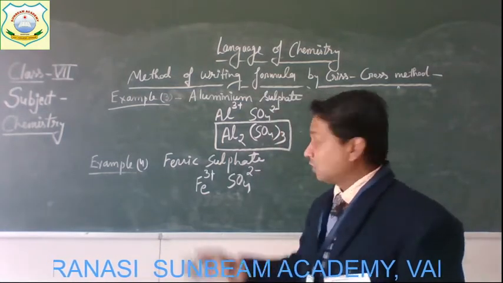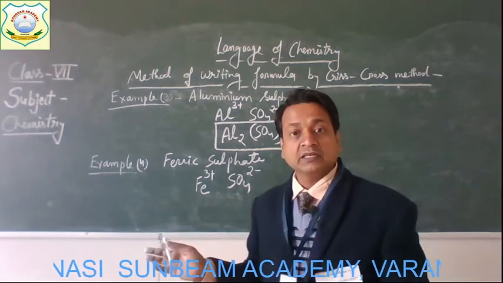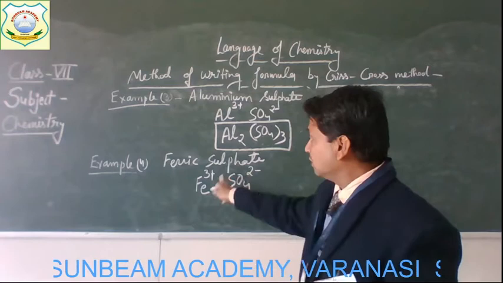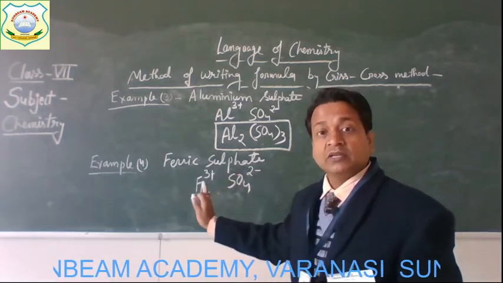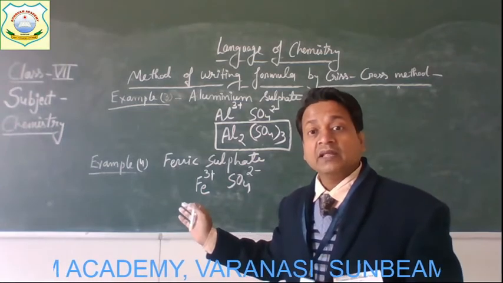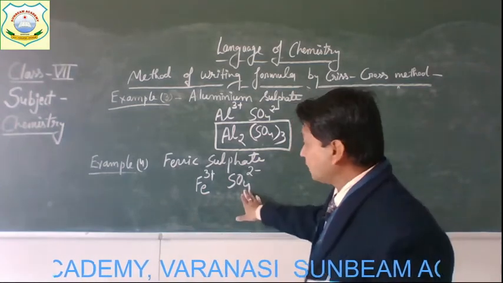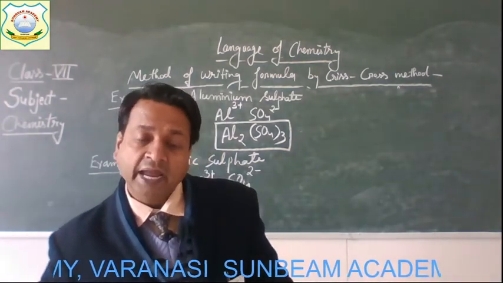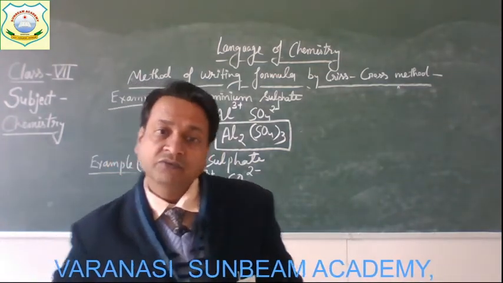Now remove any common factor if there is one. There is nothing common in 2 and 3. Now we will cross them, and after that we will enclose the compound radical, that is sulfate, within the bracket, and we will get the desired formula.